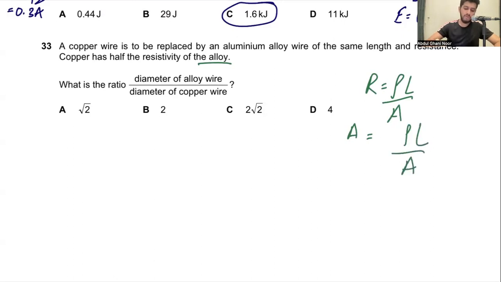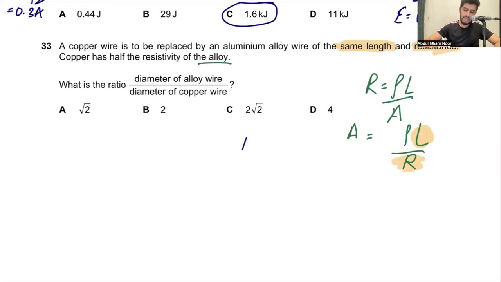I know for both the wires, they have the same length. So length is a constant. They have the same resistance. So R is a constant.